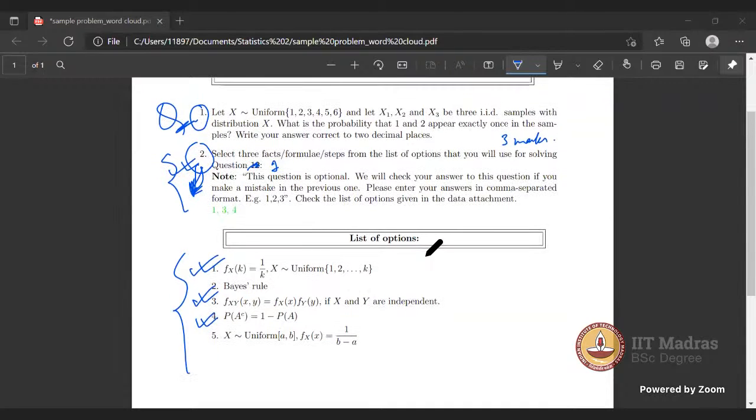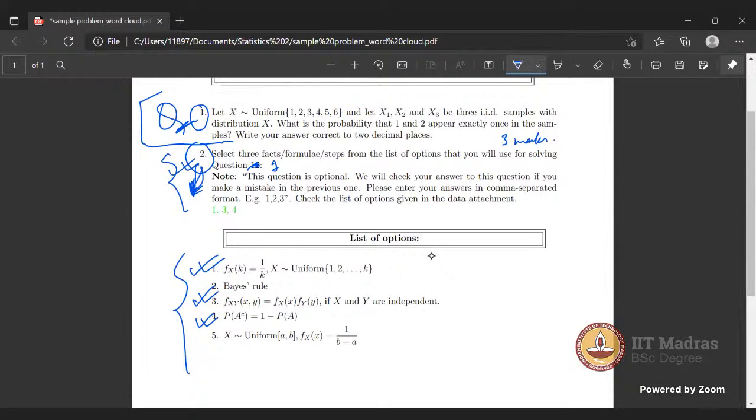Ma'am, could you repeat how we answer questions which have the note "this question is optional"? Are we supposed to answer both? No, you are not supposed to answer both. Your main question is this question. If what you have answered is correct, then your second question will not be evaluated.